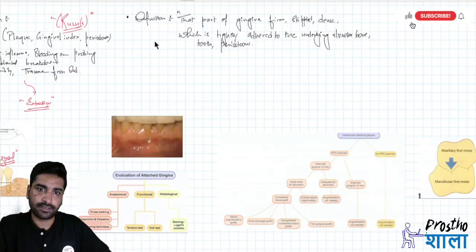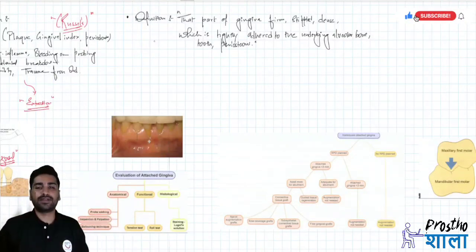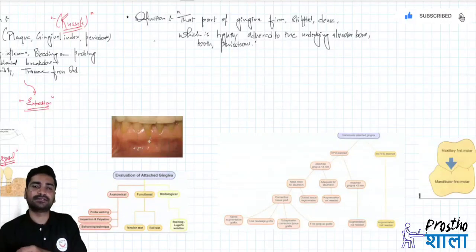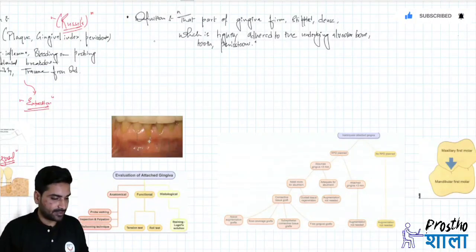Okay, clear? Simple definition. You will learn more about attached gingiva in the subject of periodontics, but yes, this is a common definition which we should keep in mind.